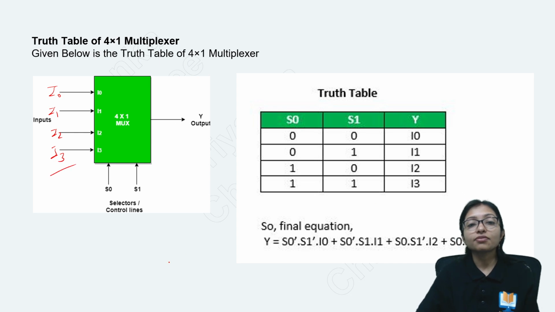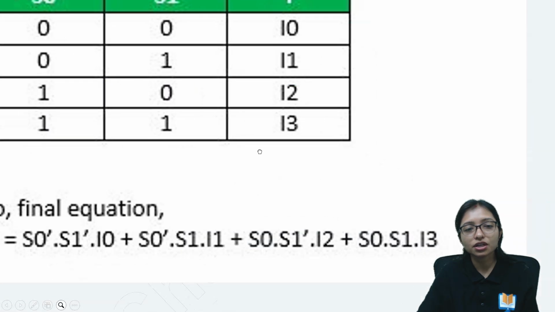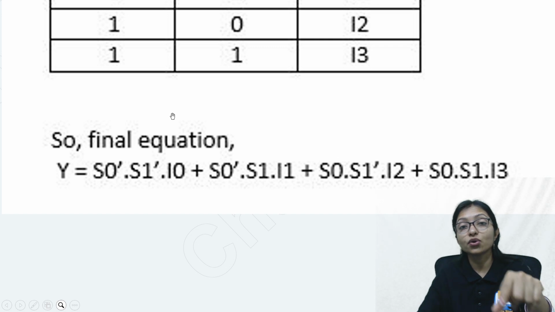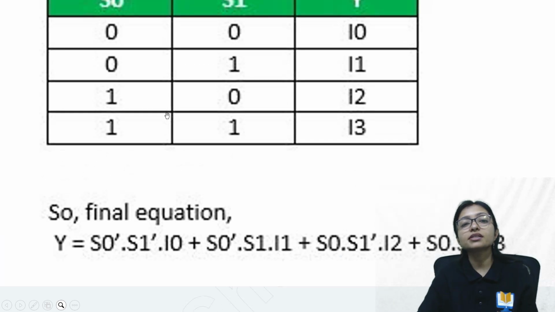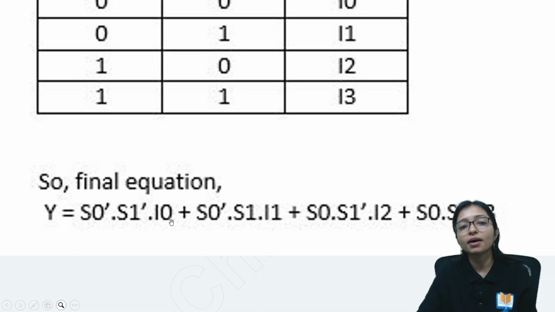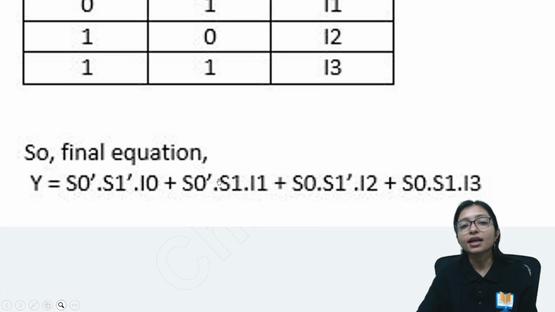Now the final equation is very important. How are we getting the final equation? You can see here, Y follows the format of Boolean algebra, minterm and maxterm. When 0 0, that's why S0 bar S1 bar I0. 0 1 is S0 bar S1 I1.